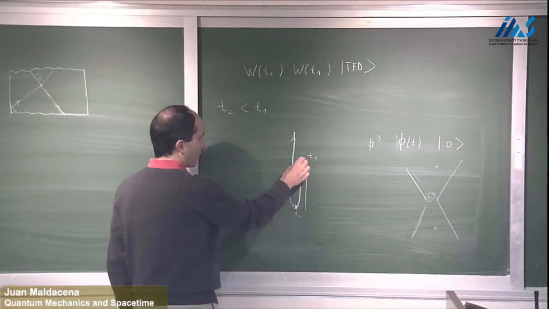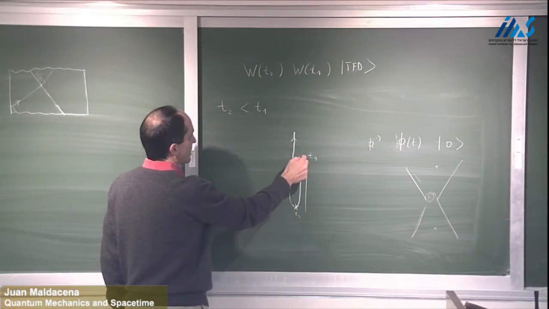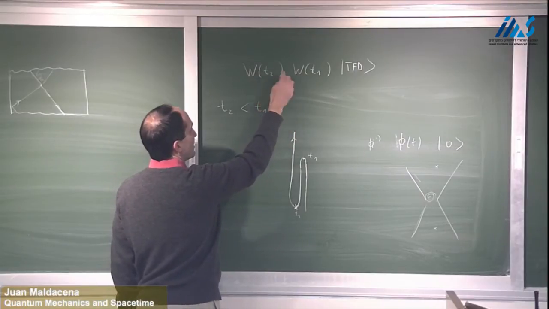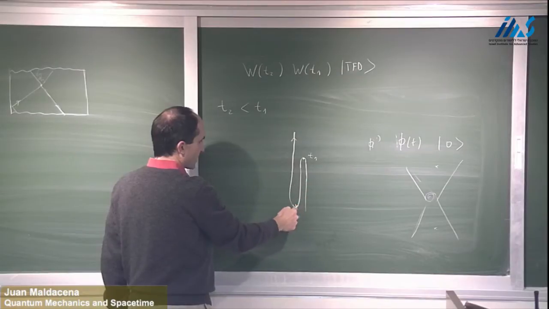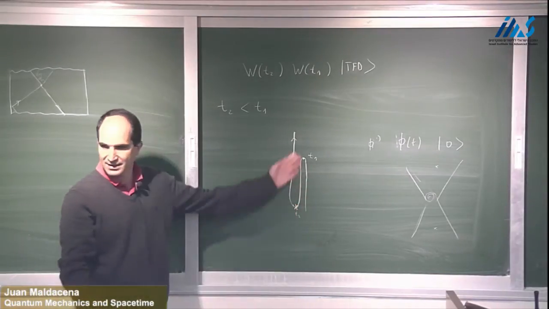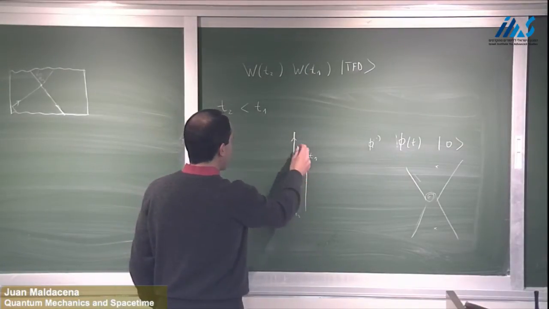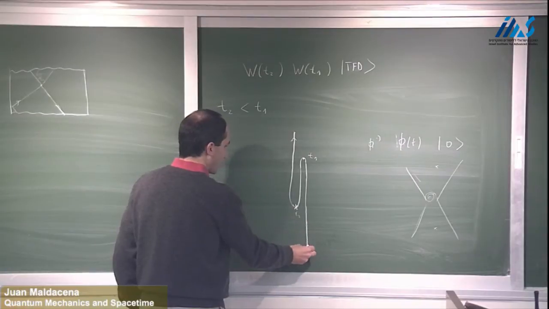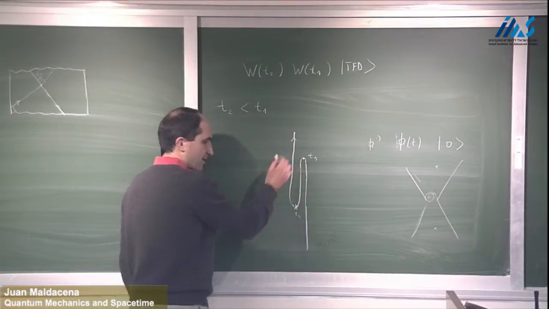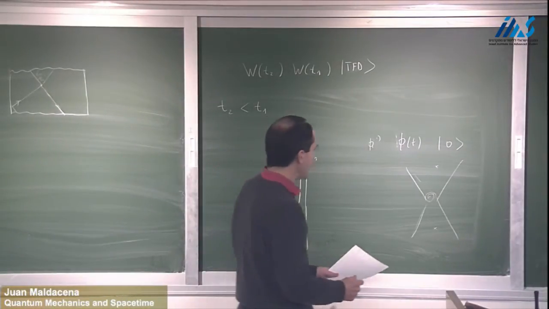So we have these kinds of folds. We could always say we put this operator later, but because the time is earlier, it includes some unitary transformation that sends it backwards in time. So conceptually, in a path integral description, we would do it with this fold.